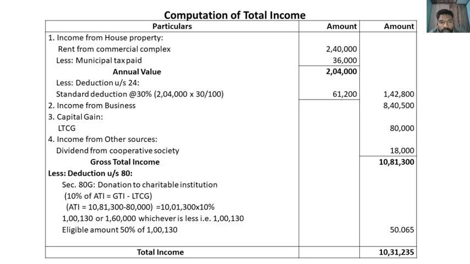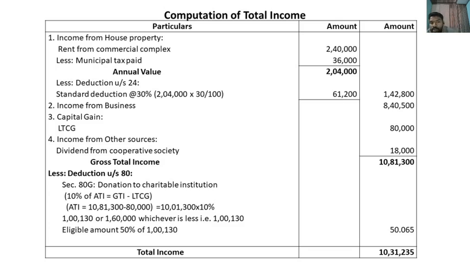From gross total income we should deduct deductions under section 80. From that we have only one deduction, a donation which comes under 80G. Donation to charitable institution means it is a donation with limit, and the amount is also very huge, 1,60,000.